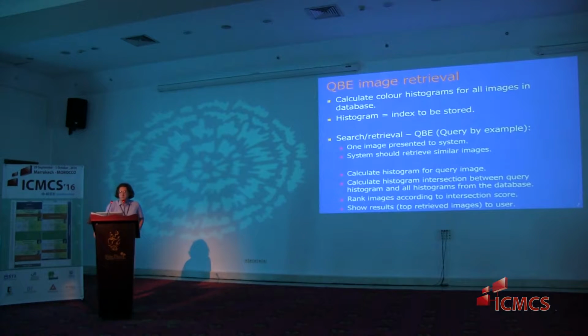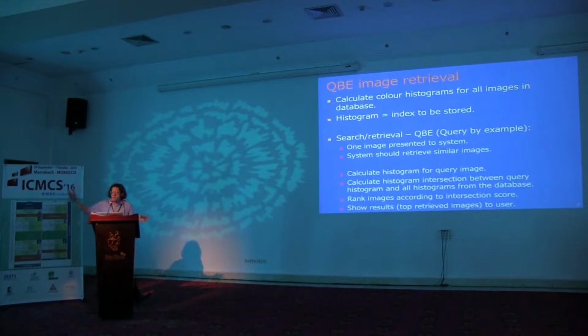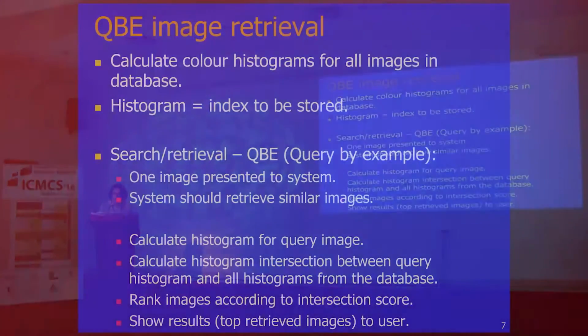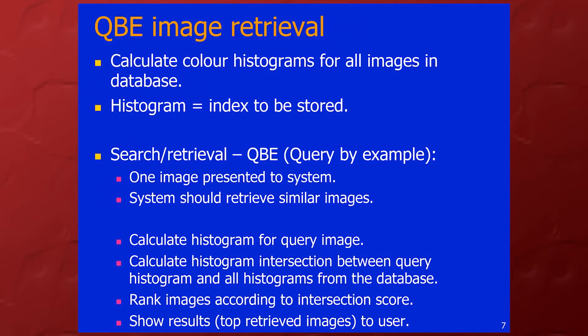Particularly, what we can do is what we call query by example. That means we've got a database of images, potentially very big. For each of those, we can calculate a color histogram or some other features. Then the user gives us an image and says, search for something similar, and we extract the features from that user image, that query image, and compare those features to the features from the database.